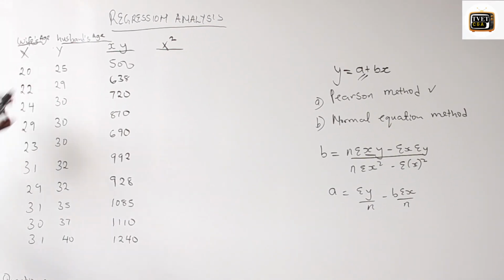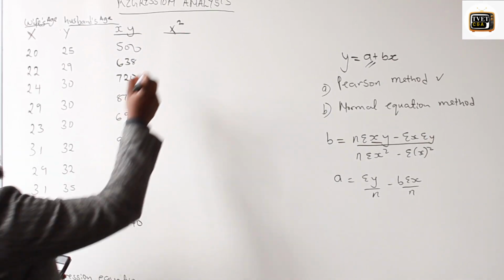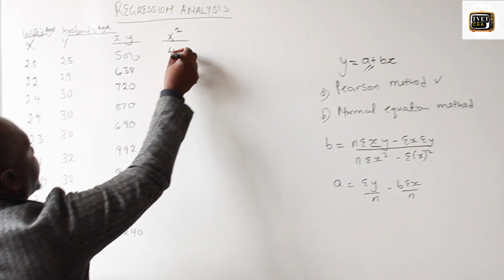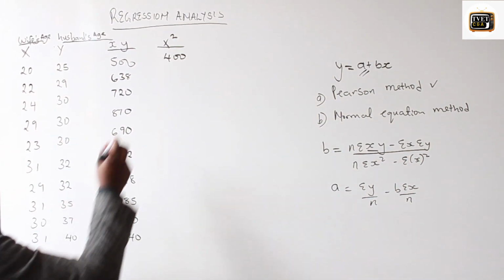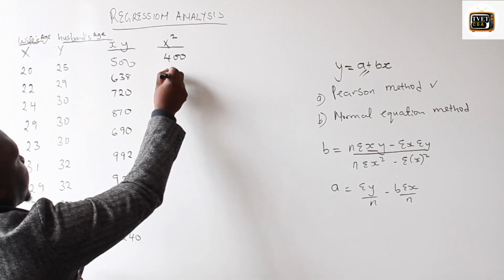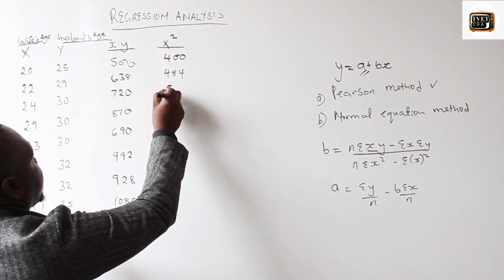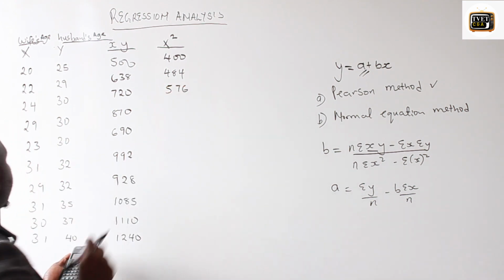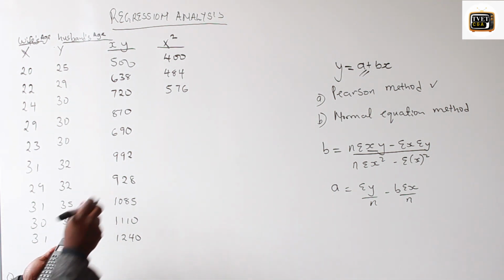So 20 squared gives 400. 22 squared gives 484. 24 squared, not 24 times 30, gives 576.